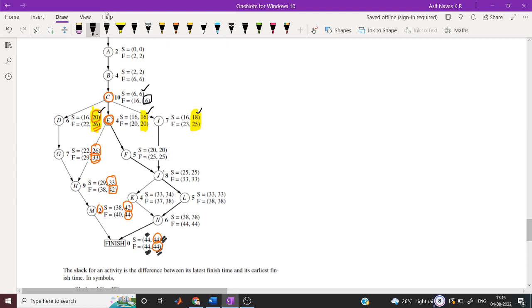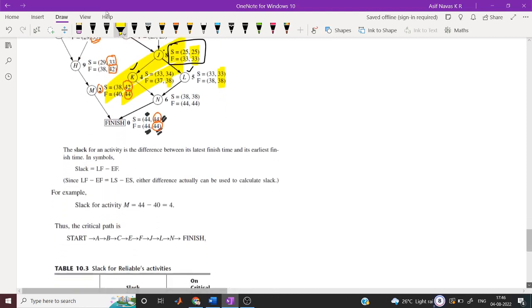For here also the same situation. Now here there are L and K. What are the LS and LF values? 34, 38, 33, 38. The smallest value is 33, so 33 is the LF, and 33 minus 8 is 25. Similarly we can complete all these activities.